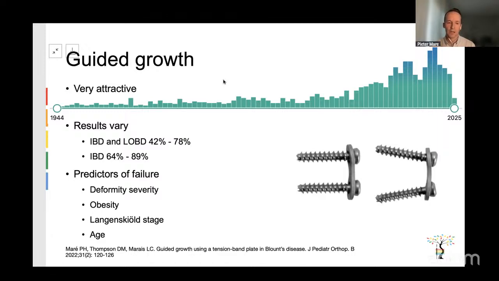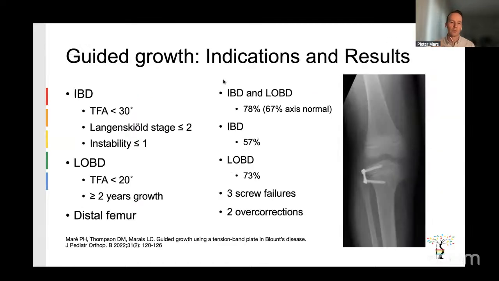Some predictors of failure have come to the fore, so deformity severity goes without saying, obesity, Langenschuld stage, and age. Although some authors have reported better results in adolescent Blount's disease, and some authors have reported worse results. And so we really don't know which are the optimal patients to treat with this modality.